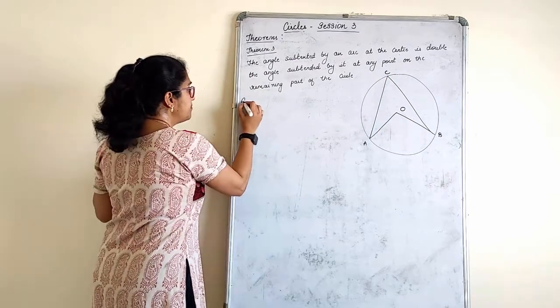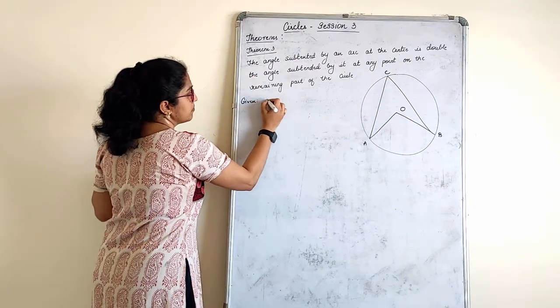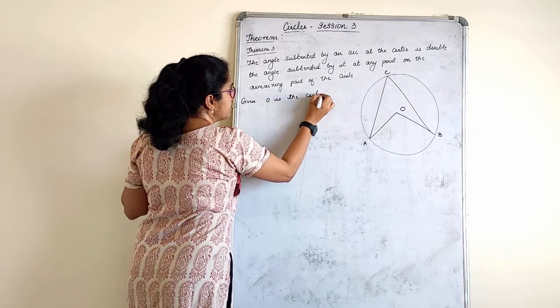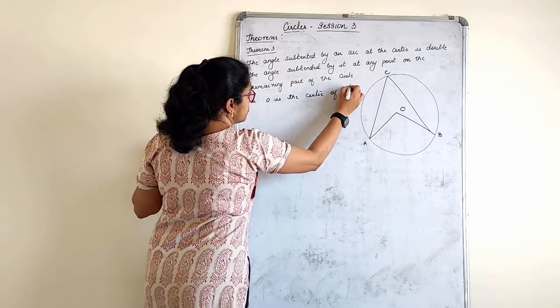Okay, so given, the first point should always be O is the center of circle.